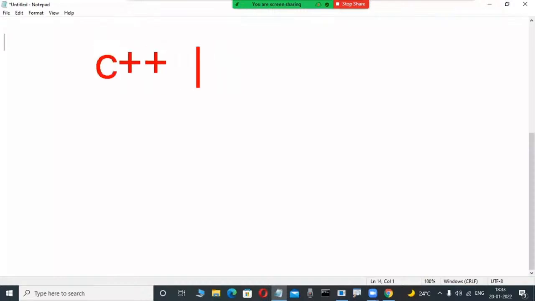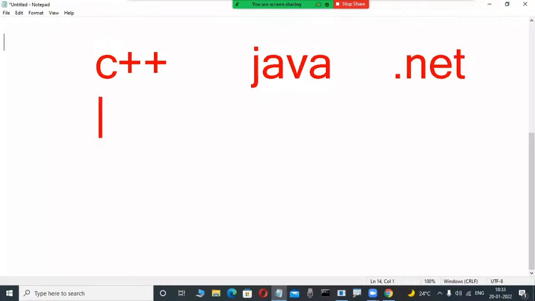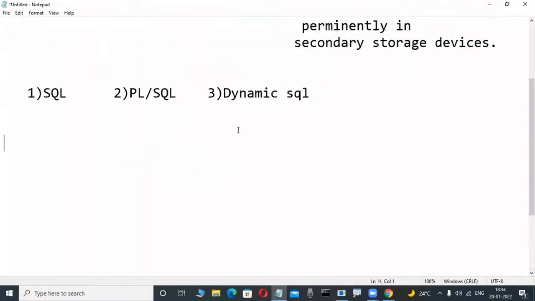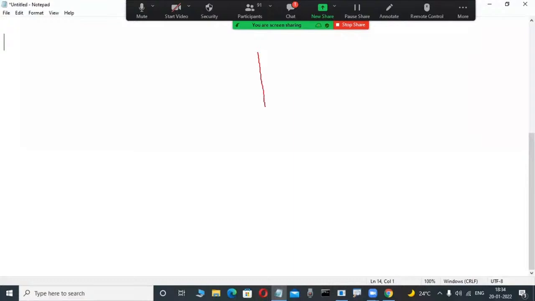C++ is an object-oriented language, Java is a popular object-oriented language, C# .NET is an object-oriented language, and VC++ is an object-oriented language. So many object-oriented languages are there. Suppose I take two languages today as an example. Through the same concepts, we will observe whether these SQLs are different or the same.